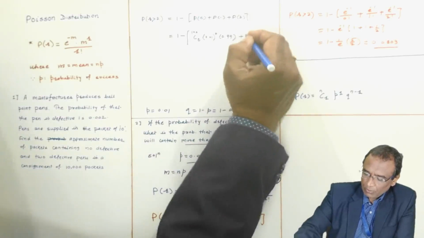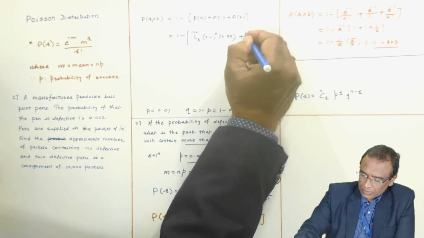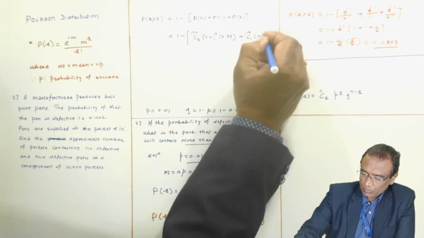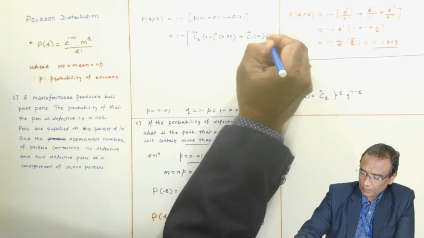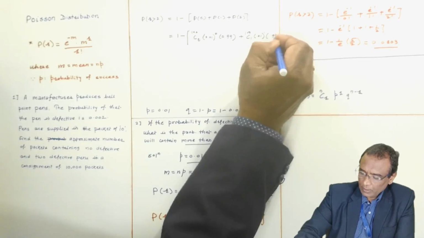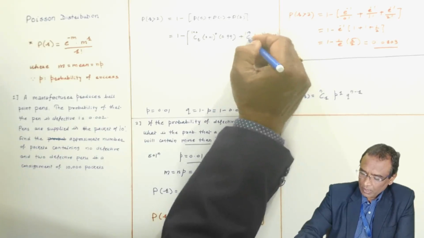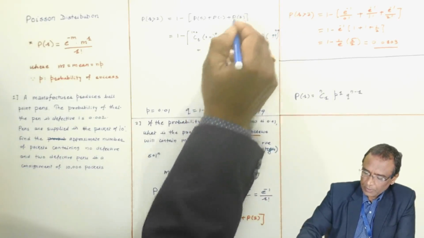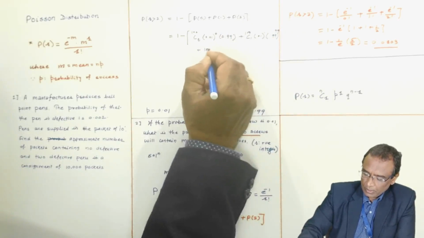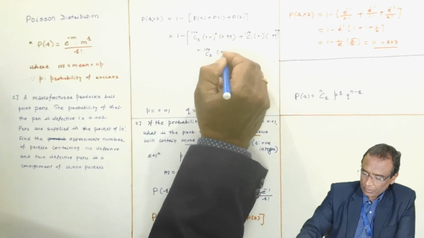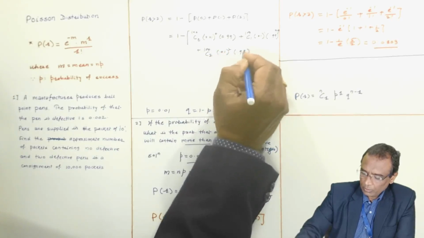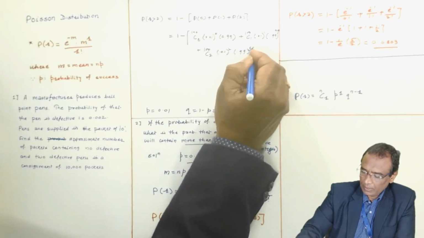Plus P of 1 is 100 C1, 0.01 to the power 1, 0.99 to the power what? 100 minus 1 is 99. Plus P of 2, 100 C2, 0.01 to the power 2 and 0.99 to the power 98.